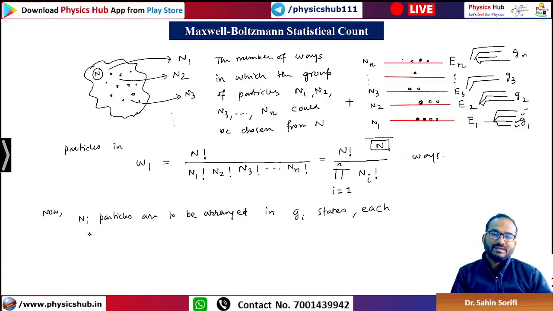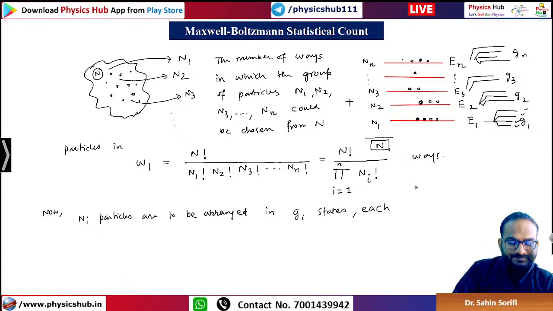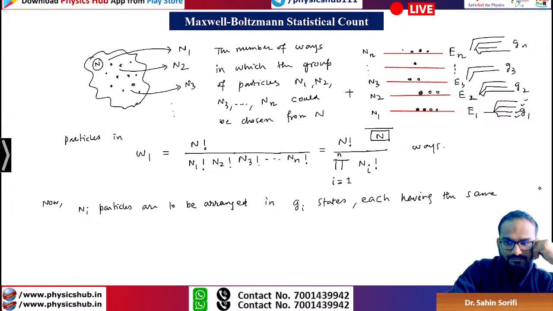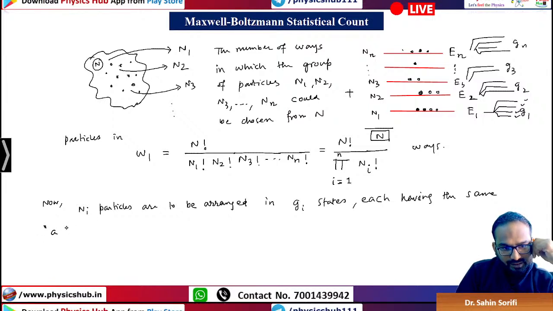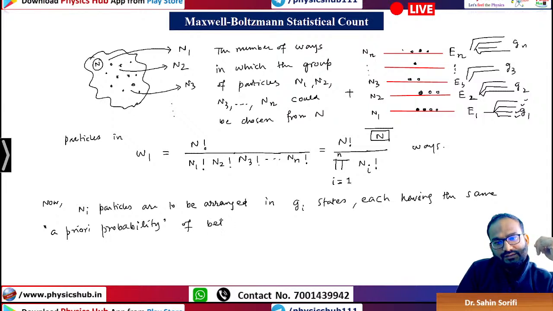So in that case, each state has the same a priori probability of being occupied.